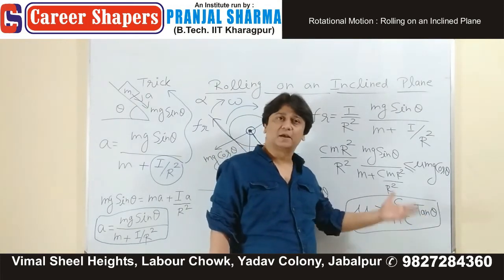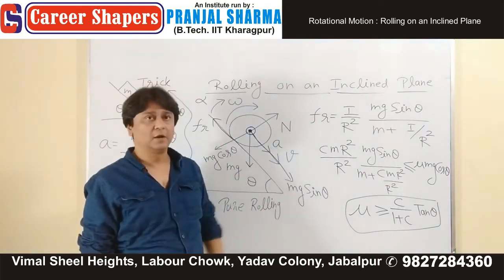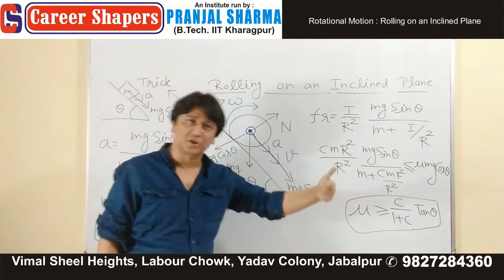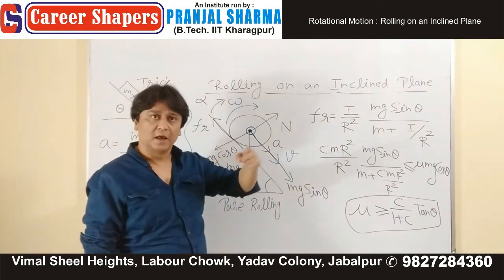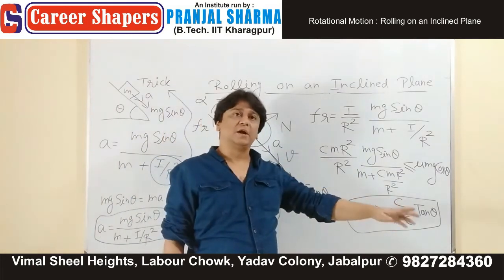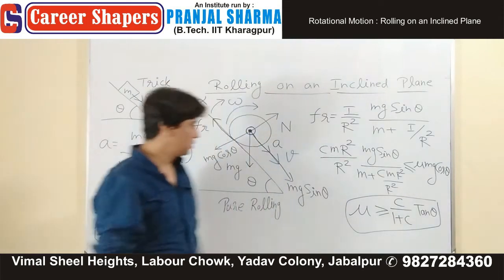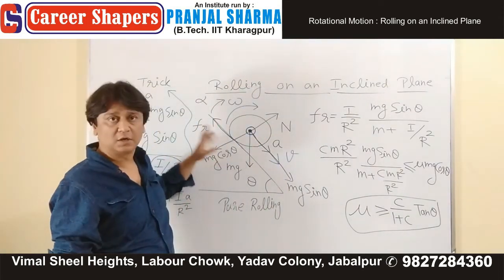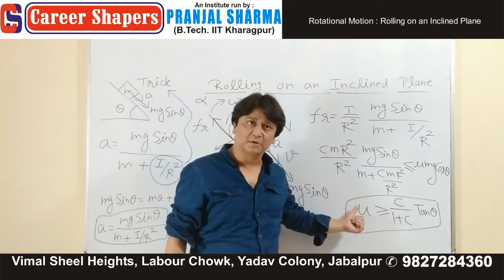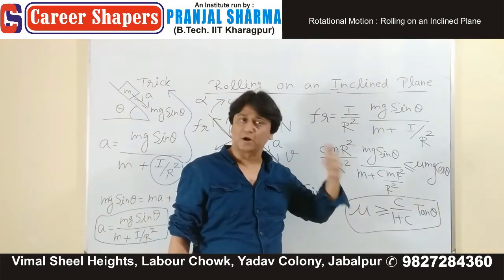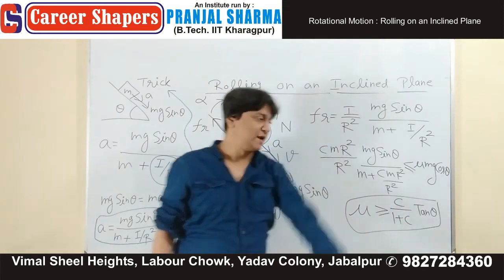अगर इससे कम होगा तो pure rolling नहीं होगी. क्या होगी? बॉडी slip करते हुए क्या आएगी? नीचे. Rotate भी करेगी, आगे भी जाएगी, but it will not be a pure rolling. What is pure rolling? During pure rolling, contact point does not slip. If mu is less than this, then what will happen? Body is going to slip, contact point is going to slip. In that case, what will be the acceleration? देखेंगे अपन थोड़ी देर में.